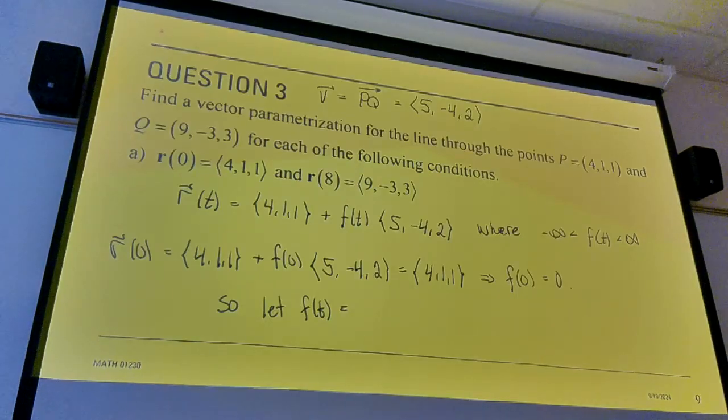That's less general. Some number times T. Remember, we still have a second condition we have to find.